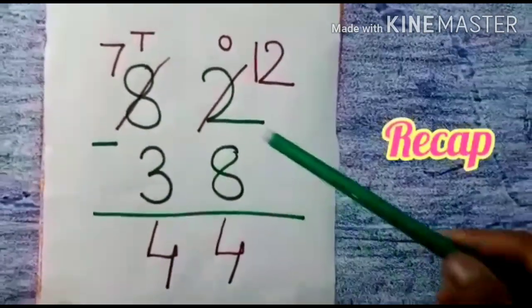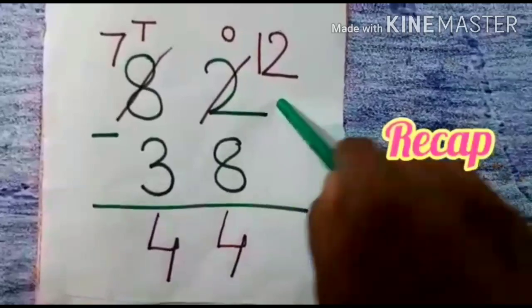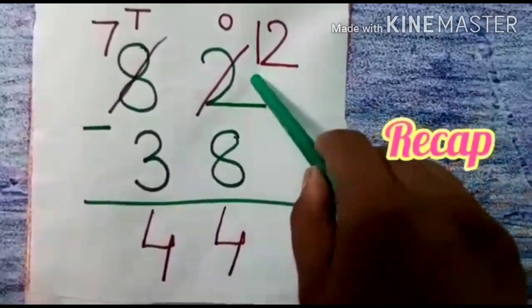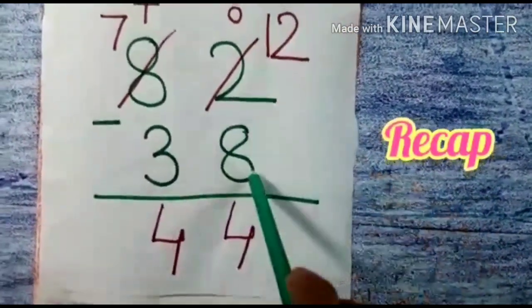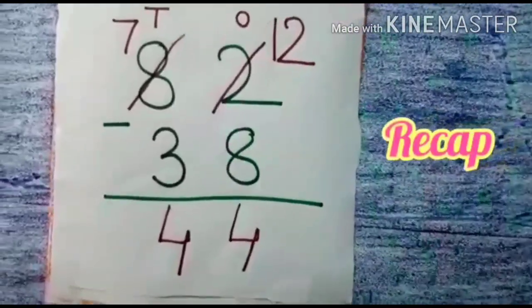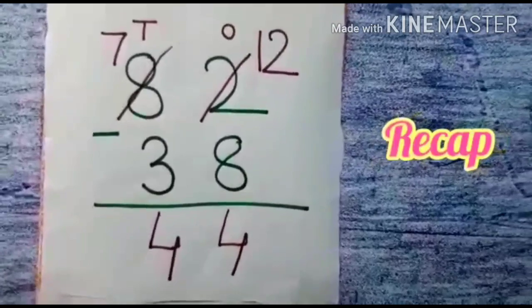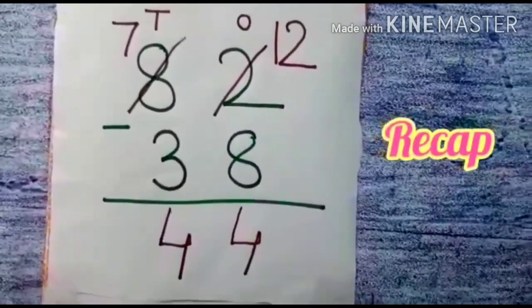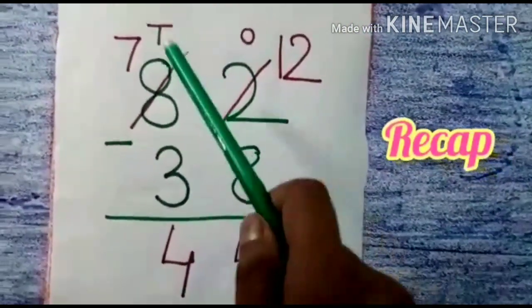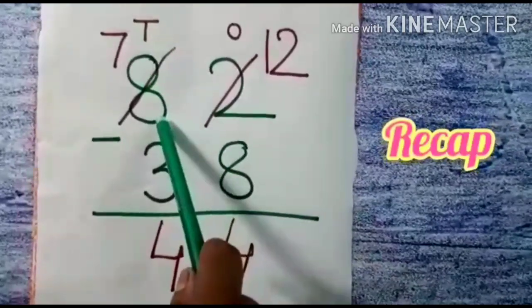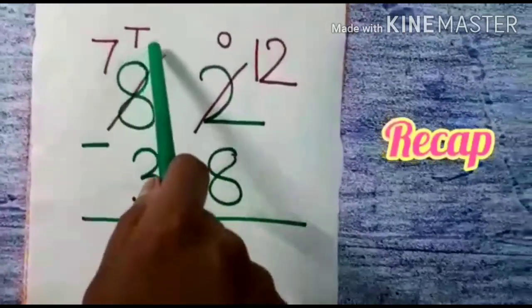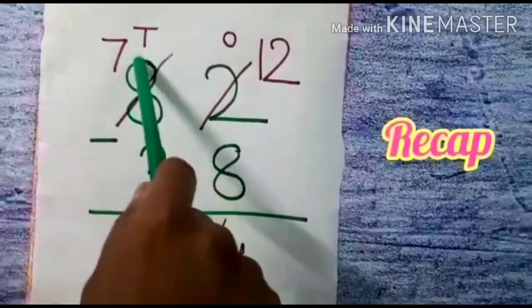But if in ones digit, the above number is smaller than the below number, then it is not possible to subtract. In that case, what we have to do? We have to borrow 1 ten from the tens place number or tens place digit.